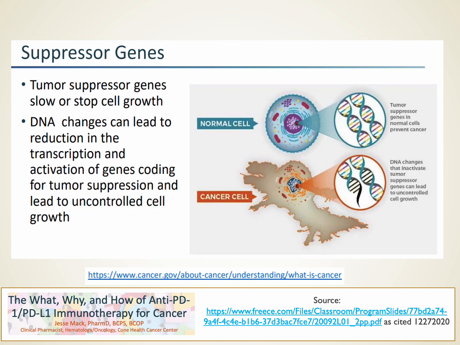We typically have tumor suppressor genes that will slow or stop cell growth, and those are really the normal cells that will turn off. But when the DNA changes lead to a cancer cell, the cancer cells in a sense don't know when to leave the party, don't know when to turn off. They continue to grow and spread and invade other tissue.